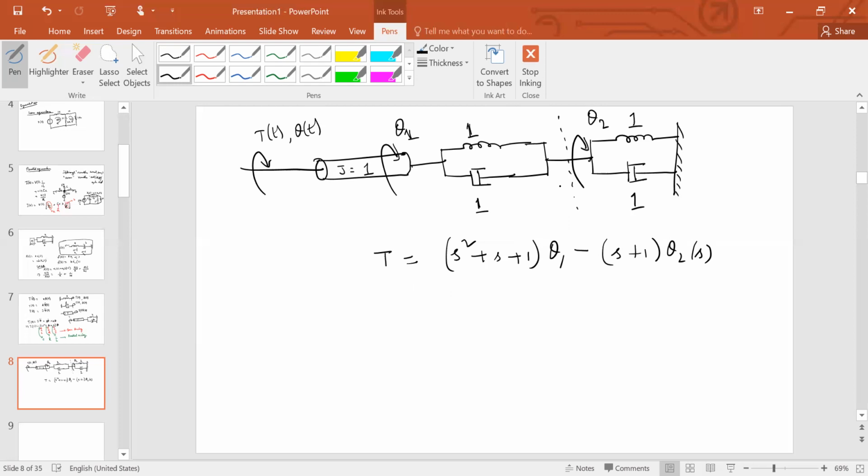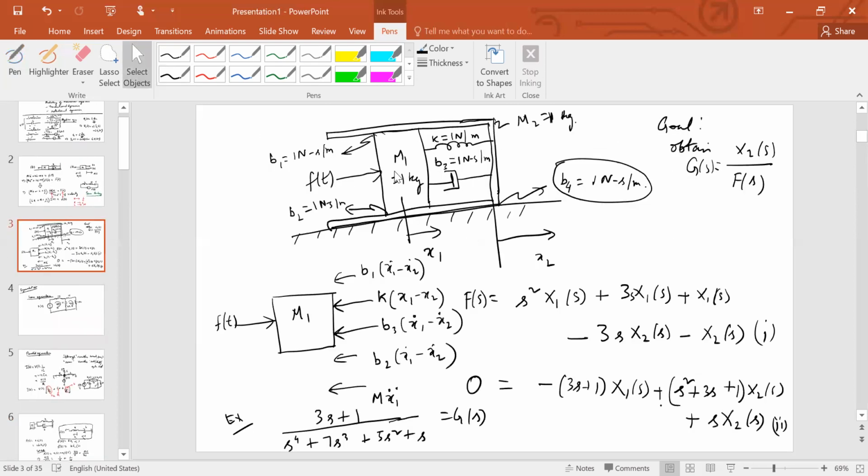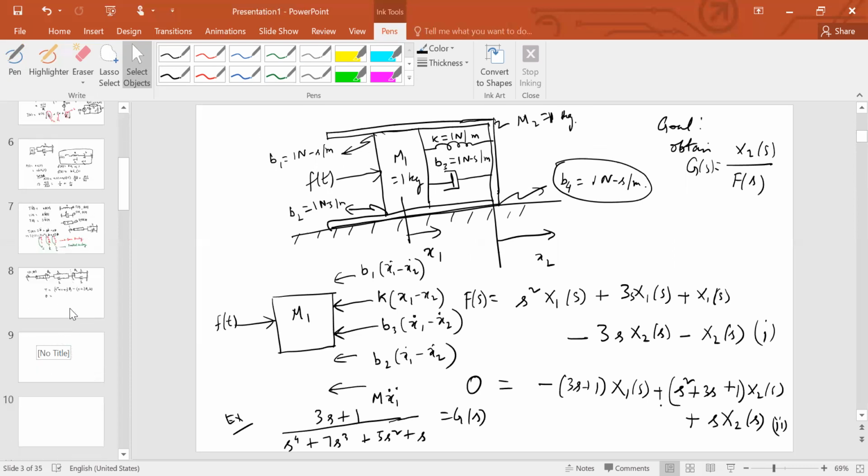So if you're cutting it off here, the external applied torque at this point is 0. Just like you had in the other case, where the force was applied to this. When you're drawing the free body diagram, you're freeing it out of all connections that are not directly linked to that particular body.